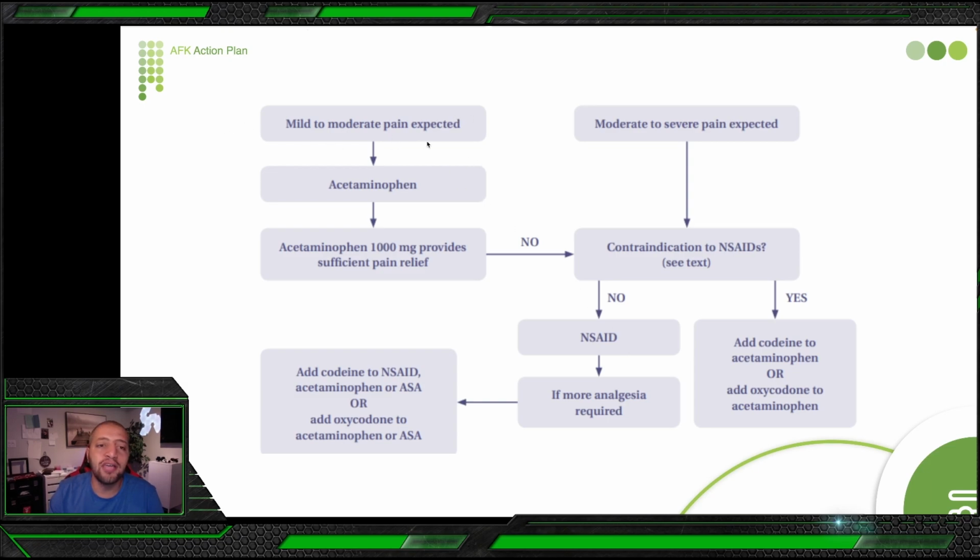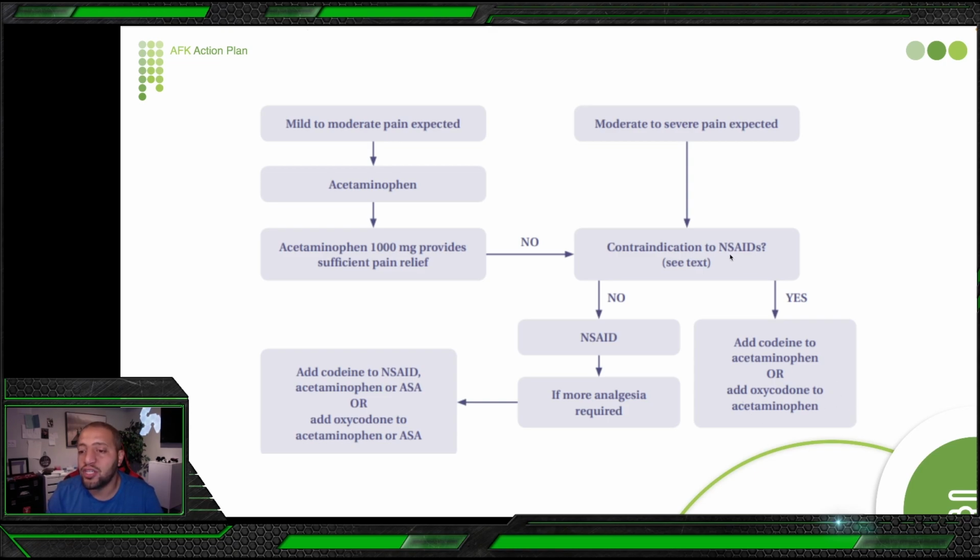So here, let's go through the algorithm again. Mild to moderate pain, acetaminophen. Acetaminophen 1000 is good. If moderate to severe pain, you give NSAIDs unless they are contraindicated. If NSAIDs are contraindicated, you give a combination of codeine and acetaminophen, or oxycodone and acetaminophen.